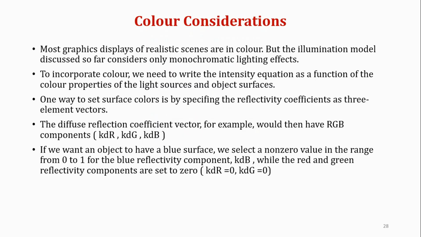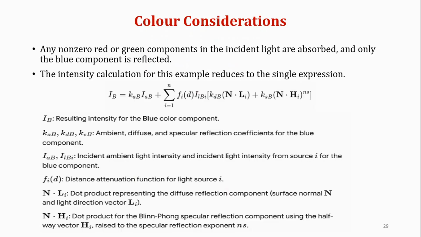If we want our object to be a blue surface, we select a non-zero value in the range from 0 to 1 for the blue reflectivity component KDB, and the remaining will be set to 0. Any non-zero red and green components of incident light will be absorbed. The intensity calculation is given with this equation, so we can calculate the intensity for any color.